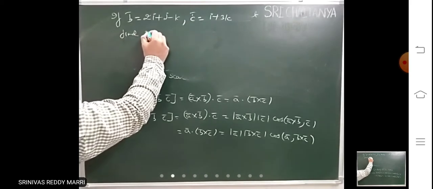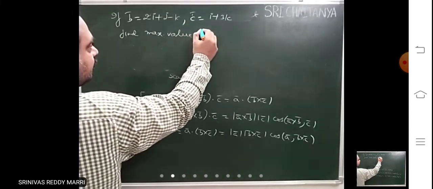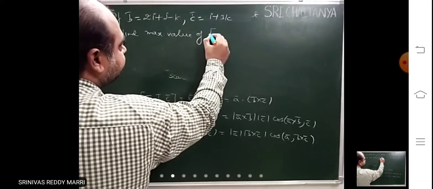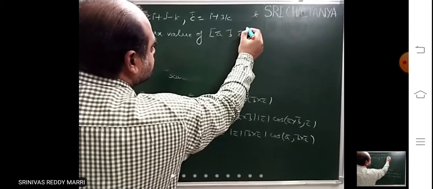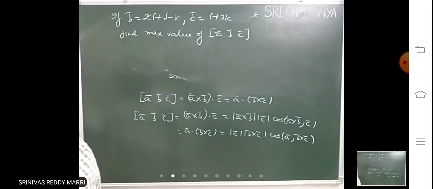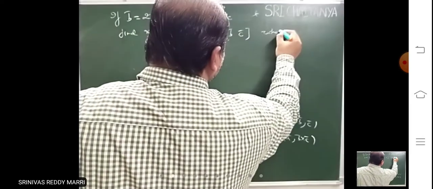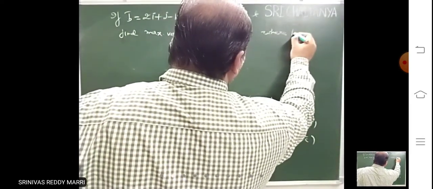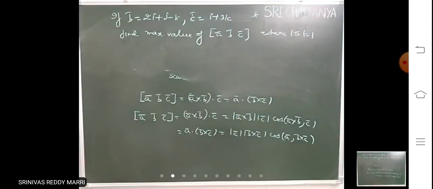Find the maximum value of the scalar triple product, where modulus A bar equals 1.